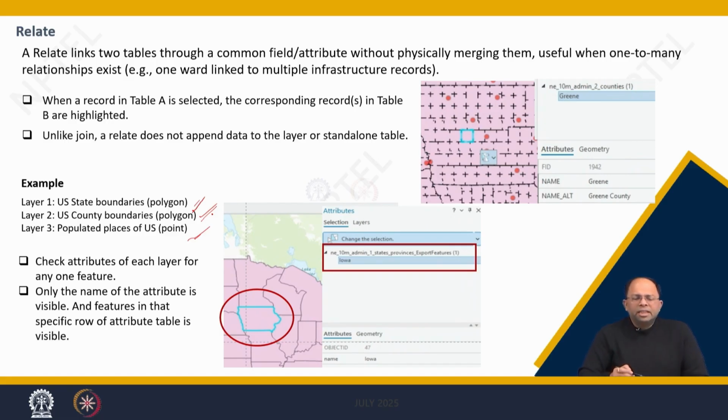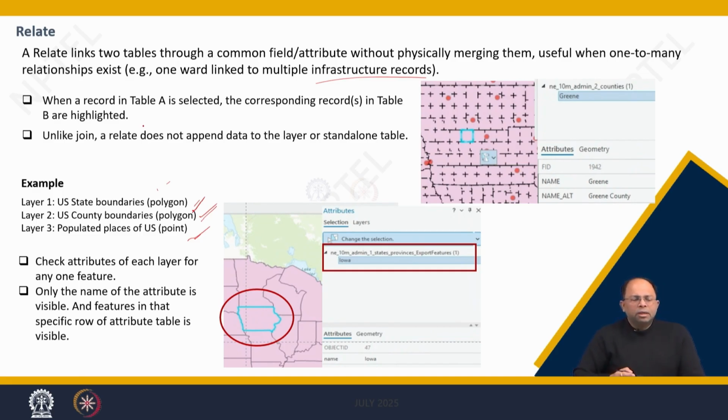So a relate links two tables through a common field or attribute without physically merging them, useful when one-to-many relationships exist. That is one ward linked to multiple infrastructure records, or one state having many counties, or one county having many populated places. So when a record in table A is selected, the corresponding records in table B would also be highlighted together.